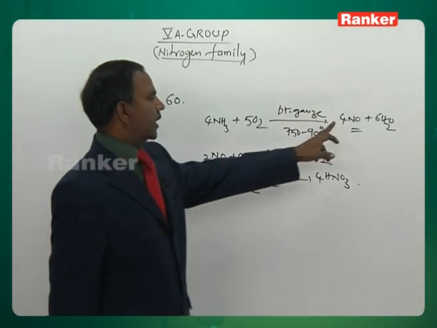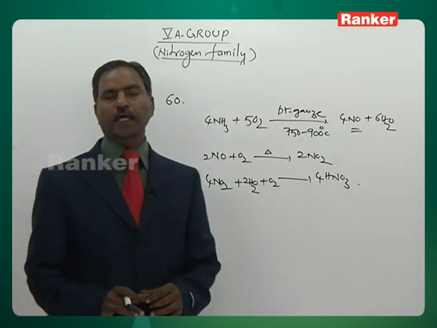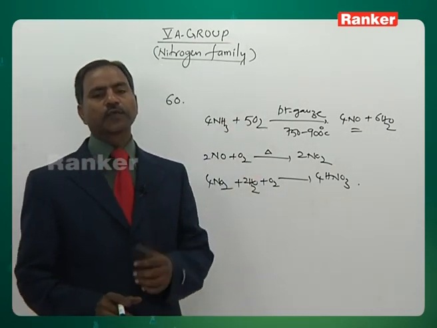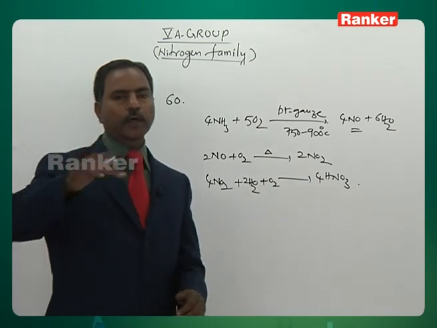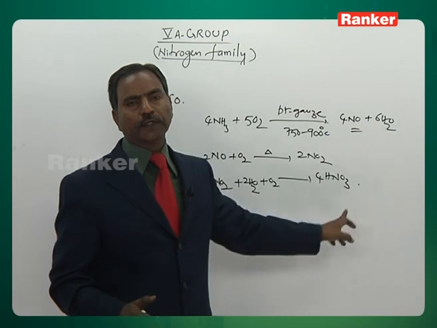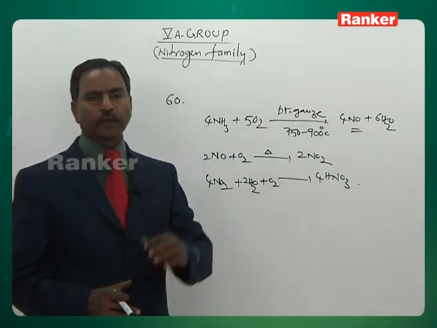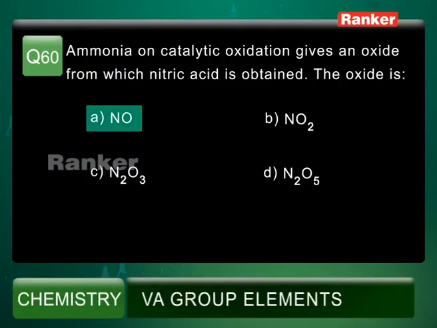Like this, first you are getting nitric oxide, which gets converted through all these processes and reactions that come under Ostwald's process. Therefore, ammonia on catalytic oxidation producing nitric oxide is for the preparation of nitric acid. Therefore, question number 60, answer is A.